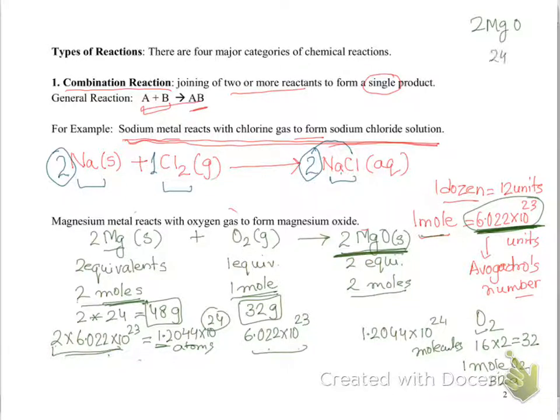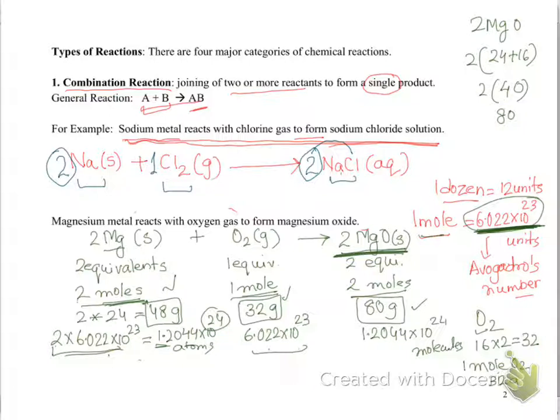Magnesium is 24, oxygen is 16. 24 plus 16 is 40, times 2, 80 grams. So 48 grams of magnesium combines with 32 grams of oxygen to produce 80 grams of magnesium oxide.